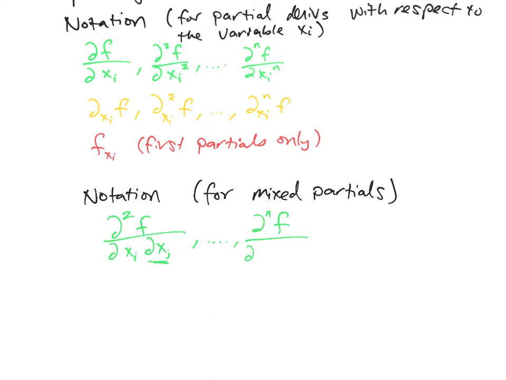You might have k of them with respect to xi, and L of them with respect to xj, and you make a note that k plus L equals n. So of those n derivatives, k of them were with respect to one variable, and L of them were with respect to another.